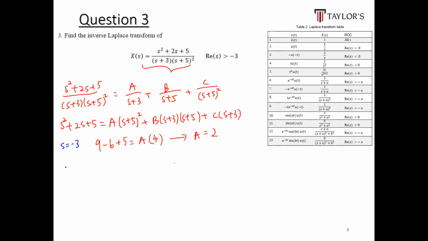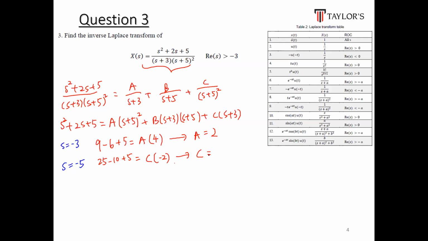So the next one, let's s equals -5. So we then have 25 minus 10 plus 5 equals, this one is 0, this one is 0, only C left, C of negative 2. So this C will give us, let me use calculator, 25 minus 10 plus 5 divided by minus 2.